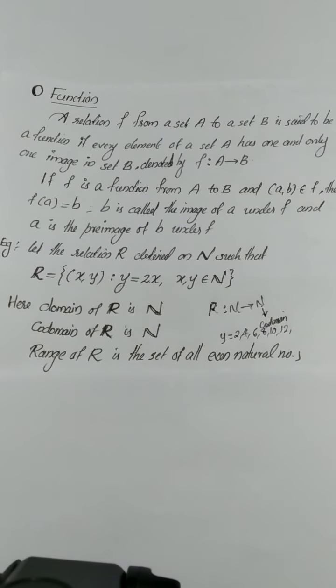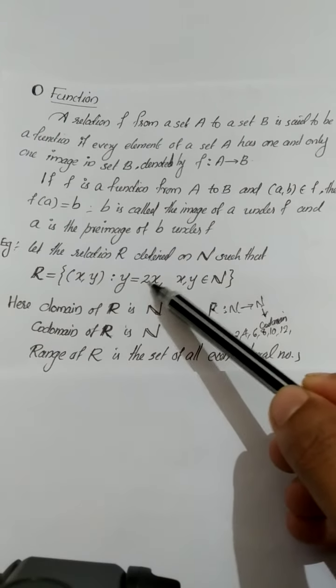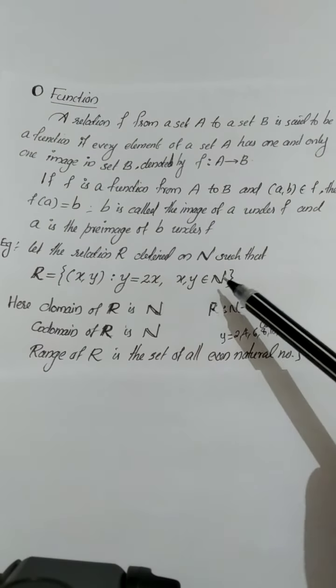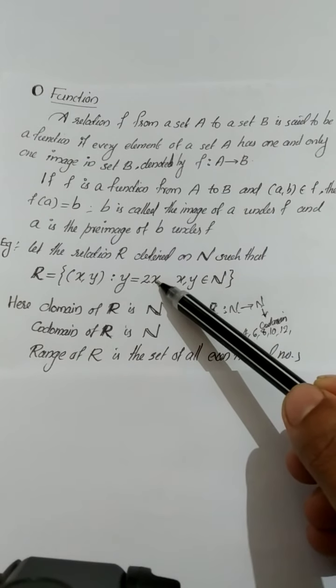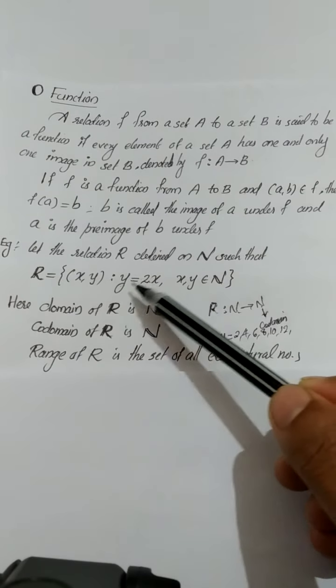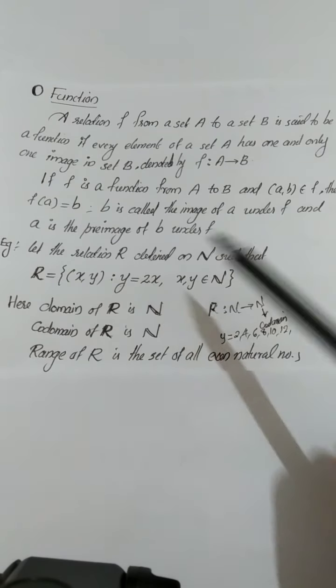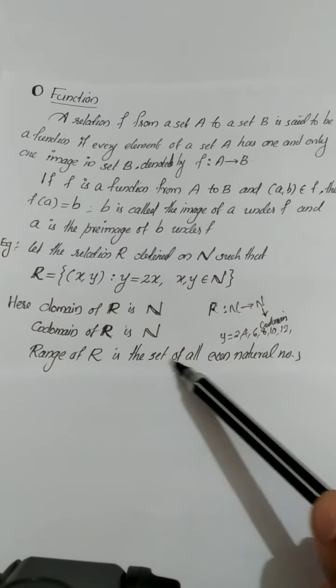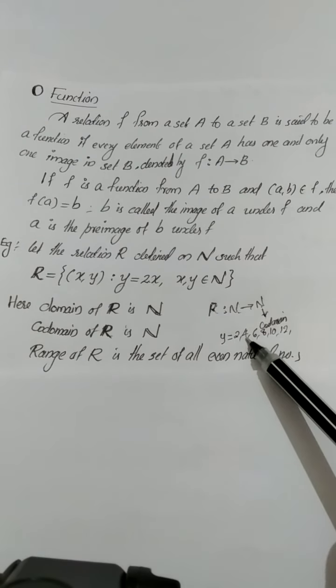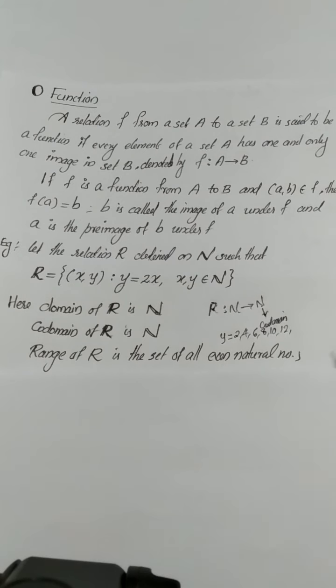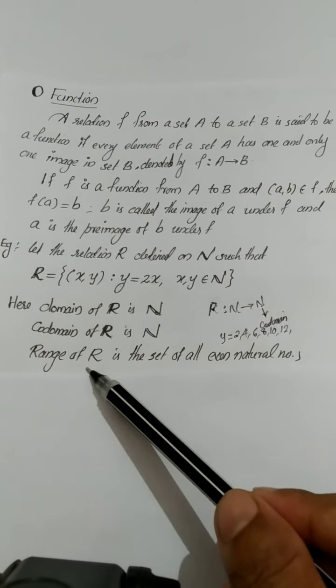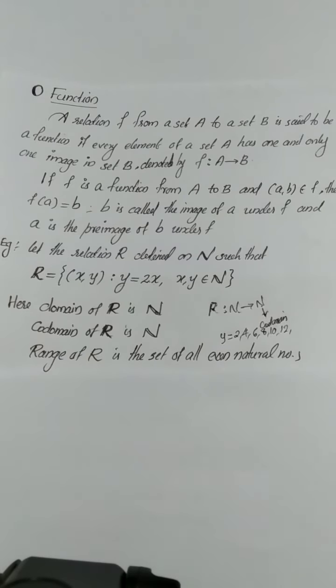So y is equal to 2x, x belongs to N, x is equal to 1, 2, 3, 4, 5, 6, etc., and y is equal to 2 into x. So we will get only the set of even natural numbers 2, 4, 6, 8, 10, 12, etc. So the range of R is the set of even natural numbers.